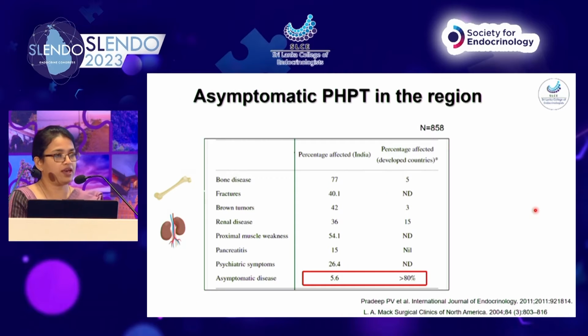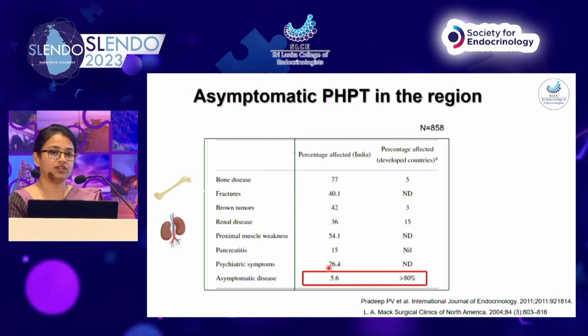When we compare the regional data with the Western countries, you can see a marked difference. Asymptomatic disease, although it is progressively increasingly reported, is still 5.6% overall compared to more than 80% asymptomatic disease in Western countries.